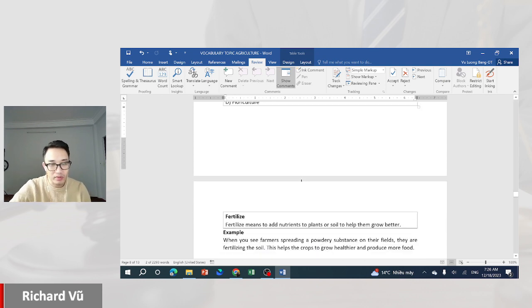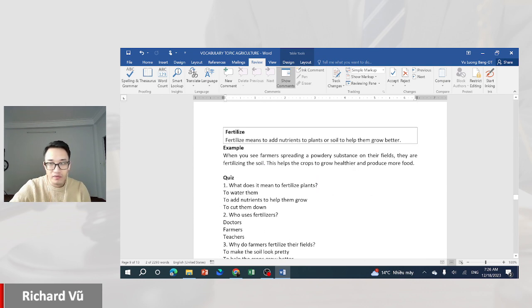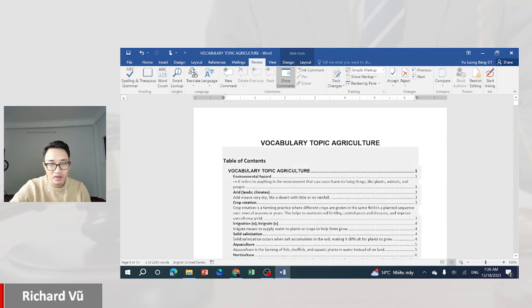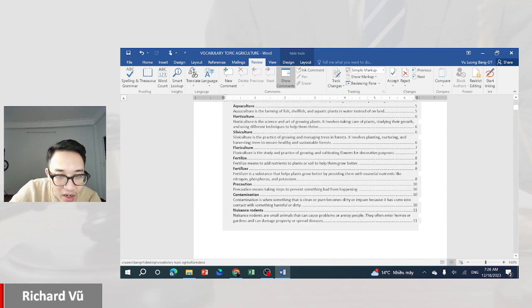Let's move on to group 3. Fertilize. Fertilizer. Precaution. Contamination. And nutrient.